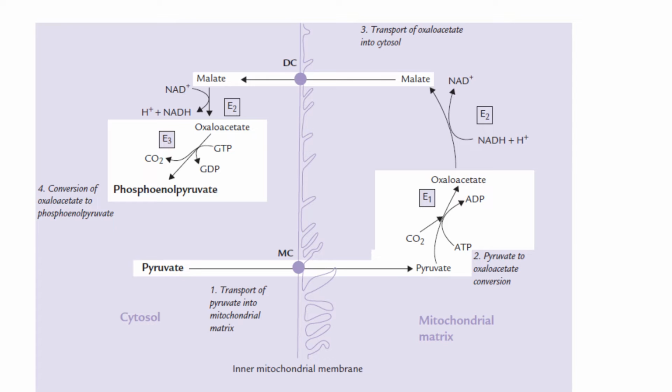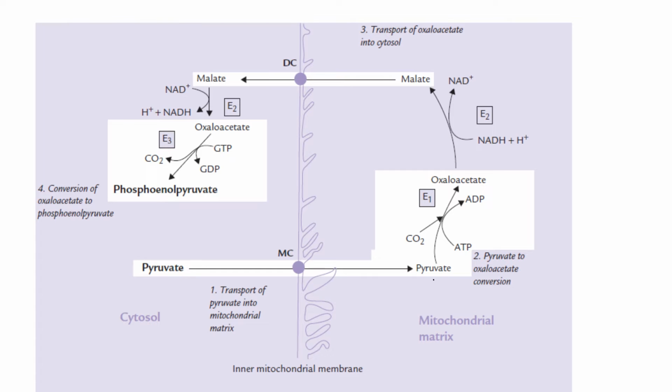The process of glycolysis takes place in the cytosol, so pyruvate is formed in the cytosol. Through the monocarboxylate transporter, a specific transporter for pyruvate, this pyruvate can enter the inner mitochondrial matrix.